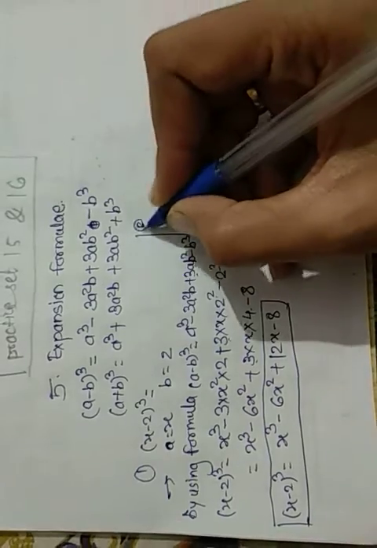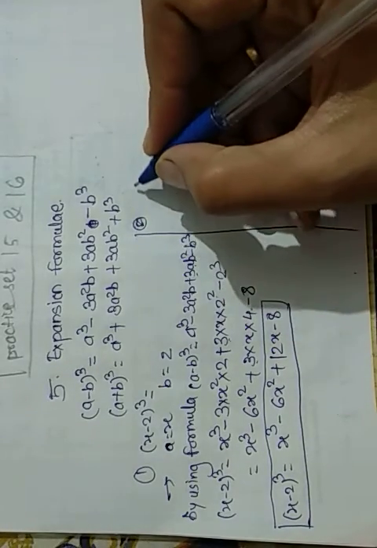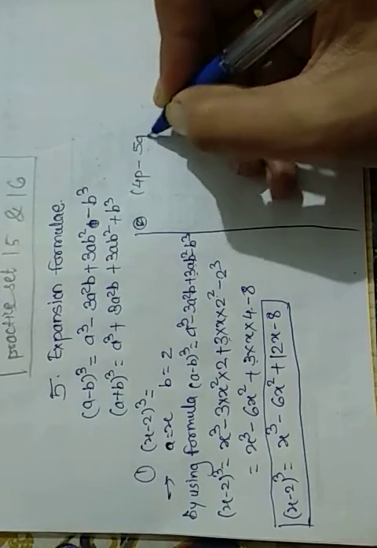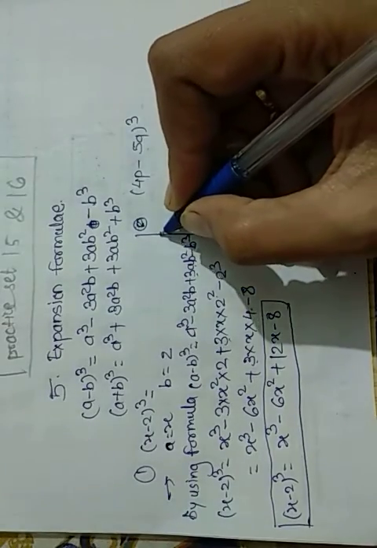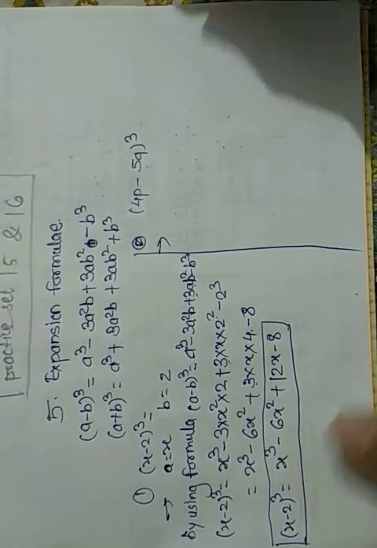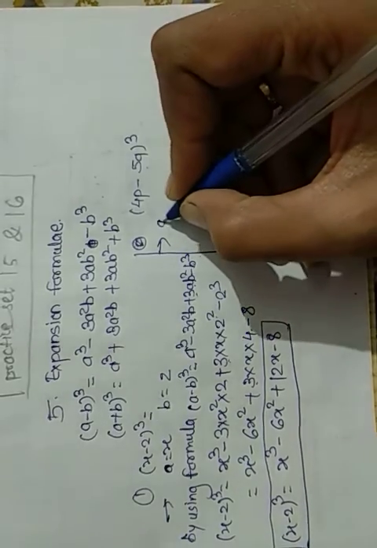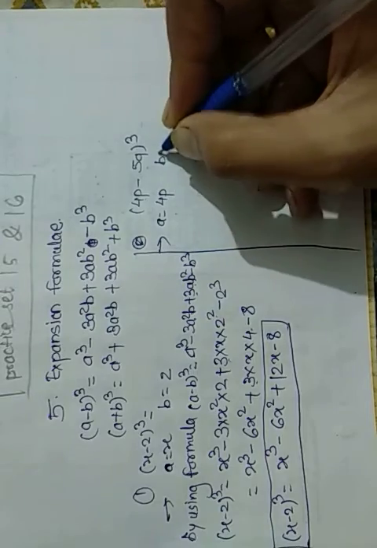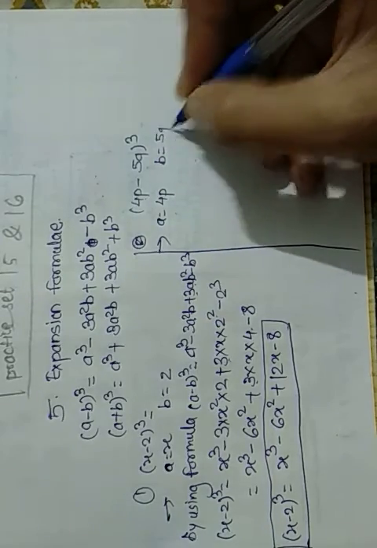See the second example, that is (4p − 5q)³. First find out the value of a and b. The value of a in this bracket is 4p and the value of b in this bracket is 5q.